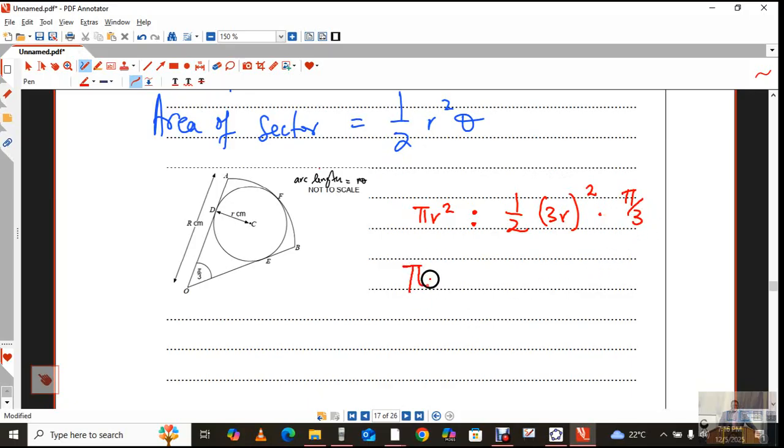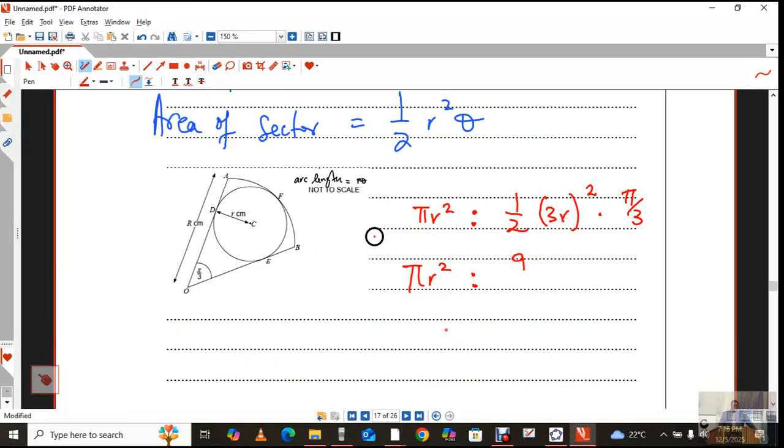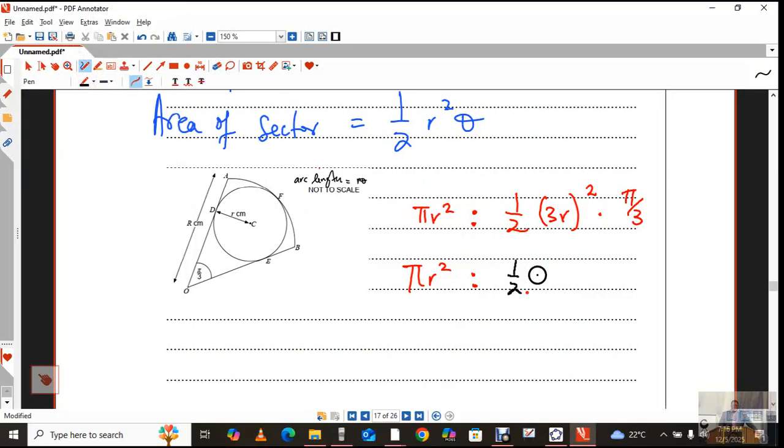So let's see what we get when we clean up here. A half times 3 squared is 9. Let's take a calculator. I'm going to ignore the pi and r for now, just to show you what I'm doing here. I'm going to say a half times 3 squared times 1 over 3.